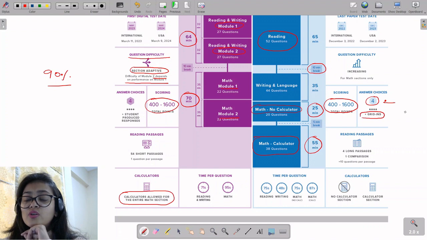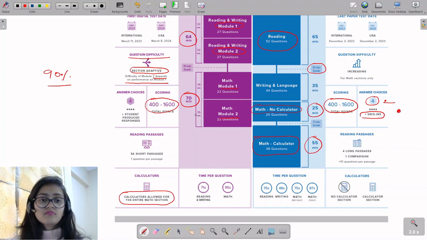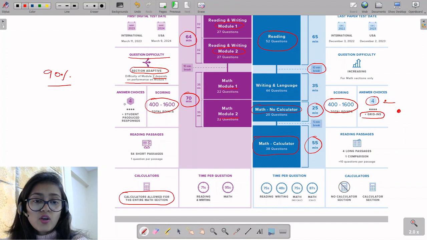Grid-ins were where you would get your answer and you had to color the correct digit. Now this time again you're going to have multiple choice questions which will have 4 answer choices, and then you will have student produced responses.